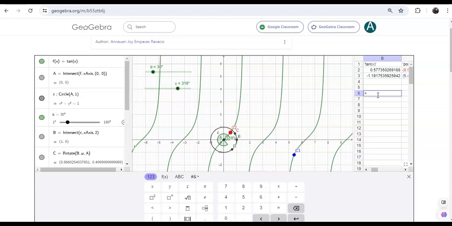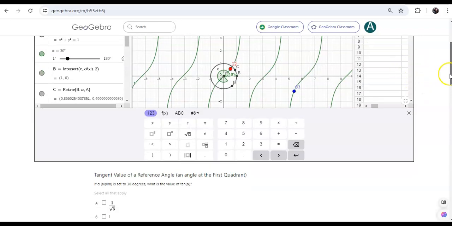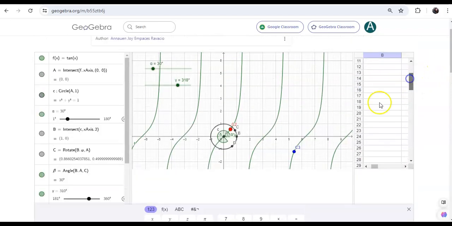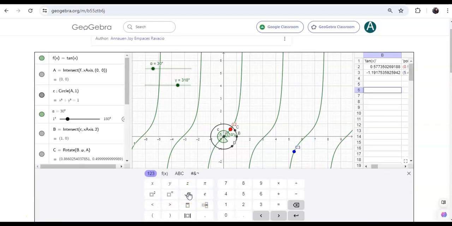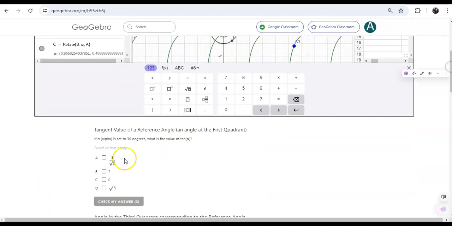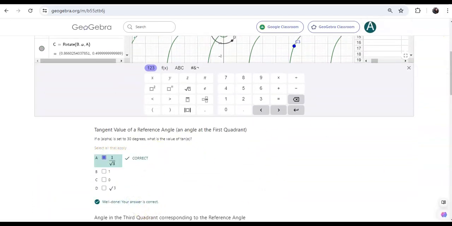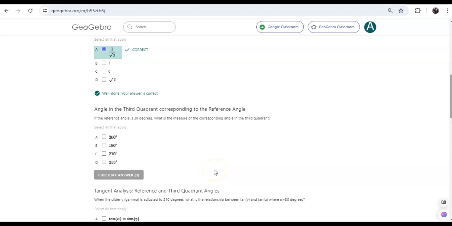So equals 1 over square root of 3. Yeah, we got it right. 0.57735 is equivalent to 1 over square root of 3. Okay, very good. So here's our second question.